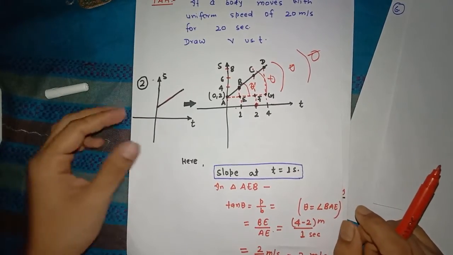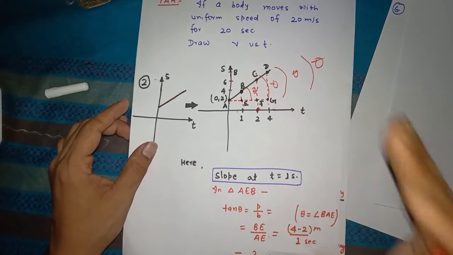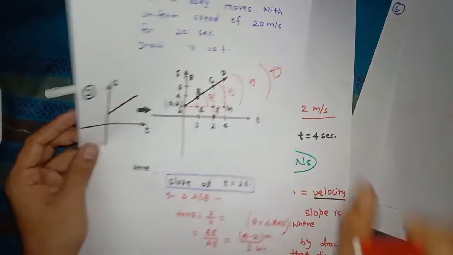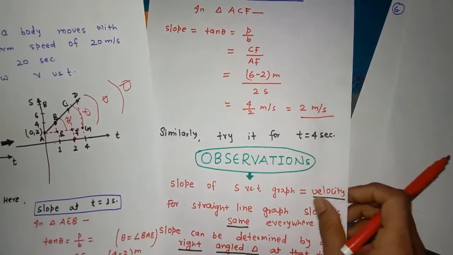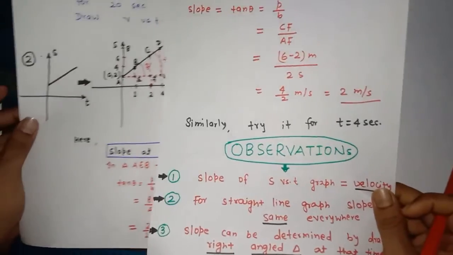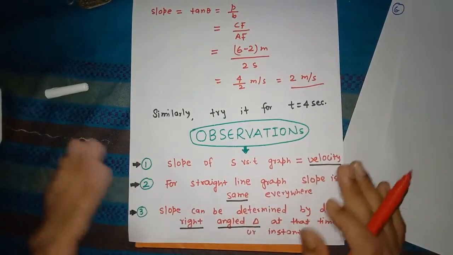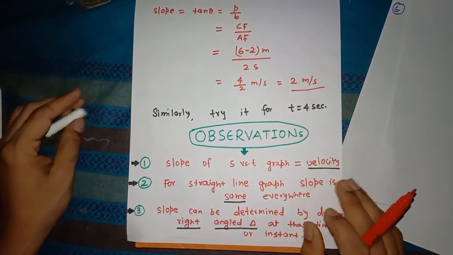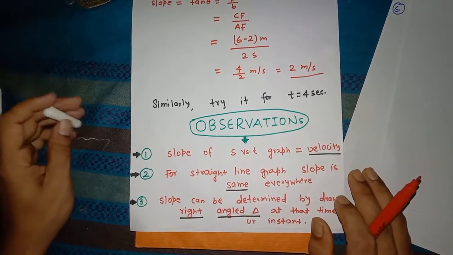If slope is not changed, how can you say that velocity is changed? Velocity does not change. That means in every case for a straight line graph, slope is fixed. Slope is the same everywhere. So what we observed in this kind of problem is that the slope of the s versus t graph, meaning the displacement versus time graph, is velocity, and for a straight line graph, slope is the same everywhere.